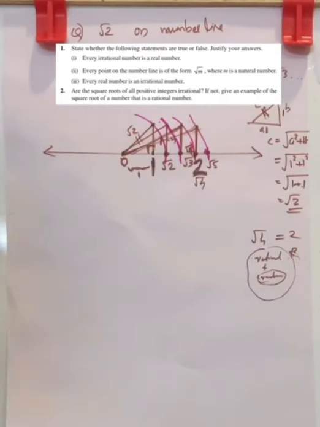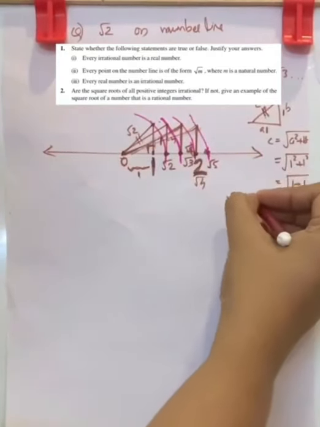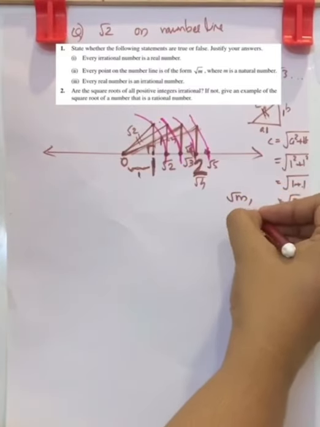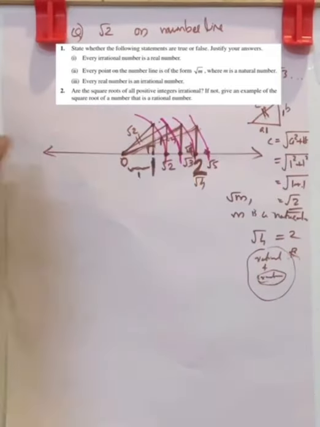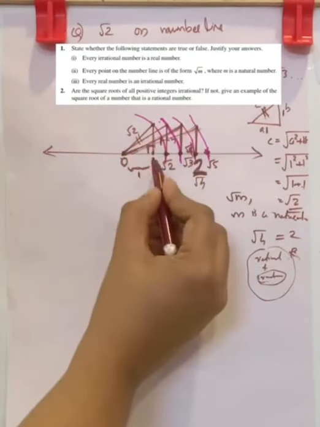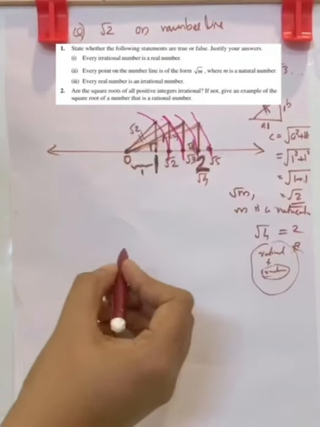Next statement is every point on the number line is of the form root m, where m is a natural number. Look, on the number line, 1 is a natural number, 2 is a natural number.